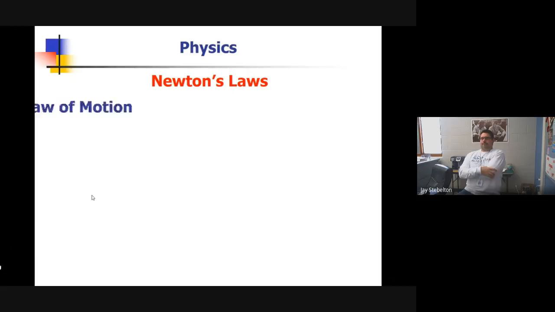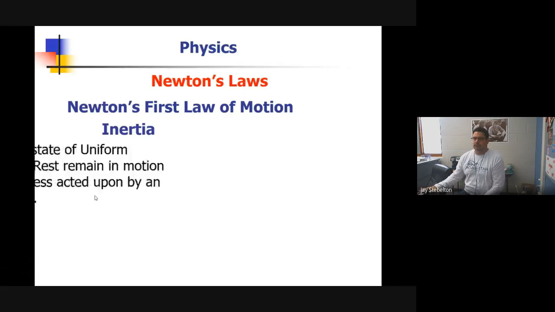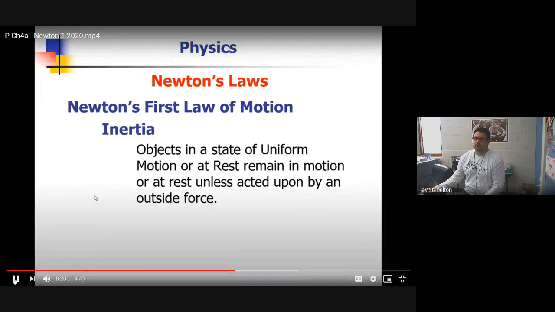The first law of motion was originally stated by Galileo, but put in its final form by Sir Isaac Newton, the definition of inertia. An object in a state of uniform motion or at rest remains in uniform motion or at rest unless acted upon by an outside force.